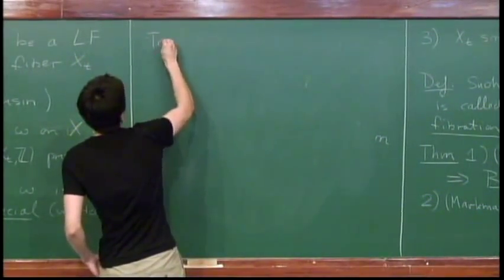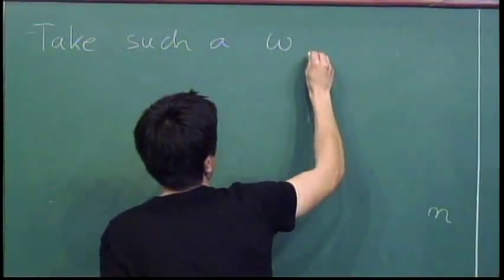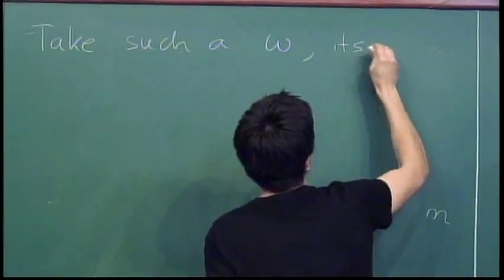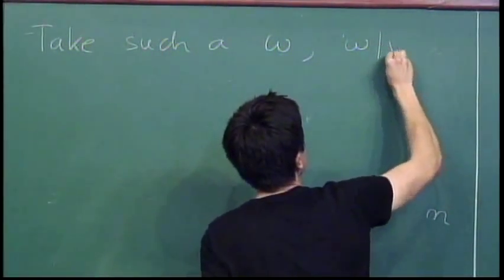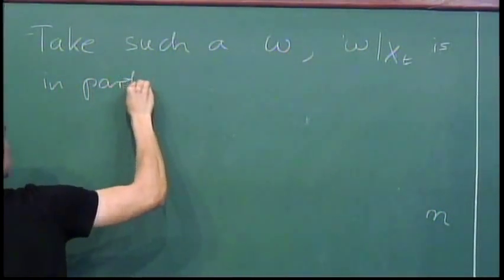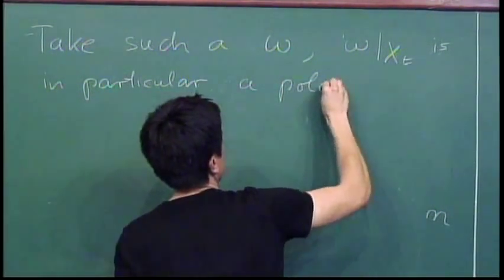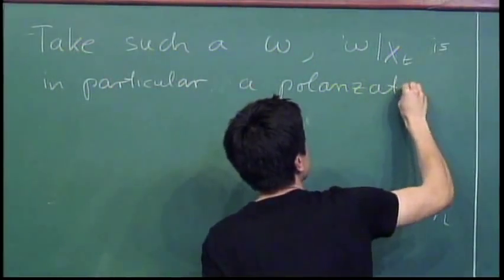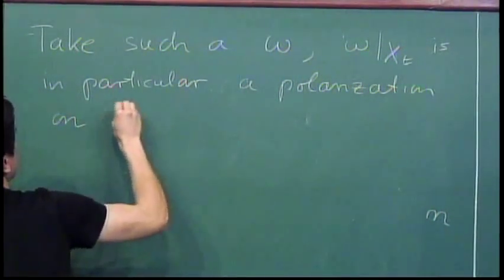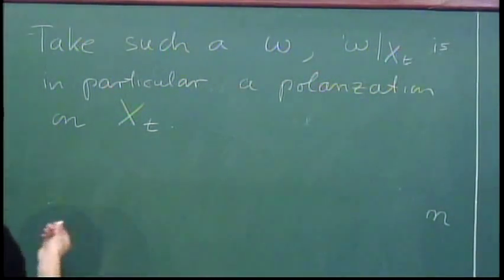So it in particular defines a polarization on this Abelian variety. So take such an omega. Omega restricted to X_t is in particular a polarization on our Abelian variety X_t. Now I just want to consider the associated type of it. So maybe I just recall the fact.